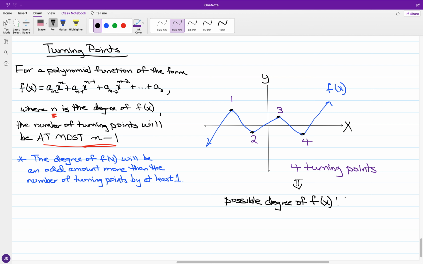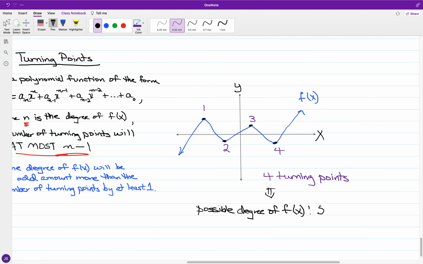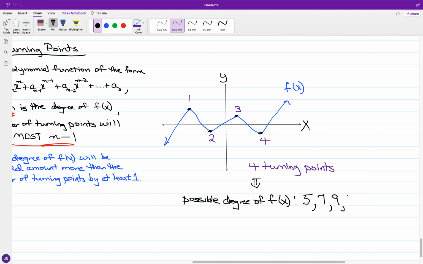So the minimum possible degree of f of x is going to be 5, and if it is not 5, the next number with an odd difference would be 7, or it could be 9, or some other higher odd number.